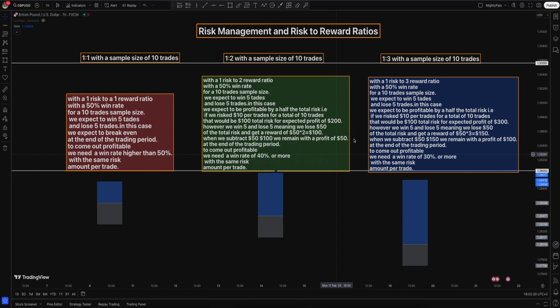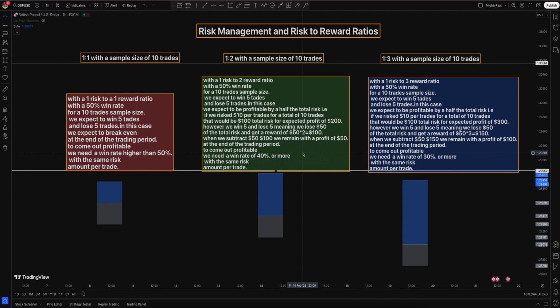You will remain with a profit of $50 with the same strategy that you used in the previous example. I think you can see already how a 1 to 2 risk to reward ratio can change your trading from being a losing trader here to becoming a profitable trader here with the same trades, same risk percentage, and same strategy.